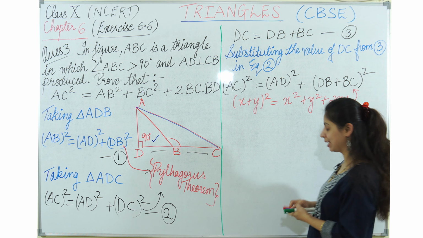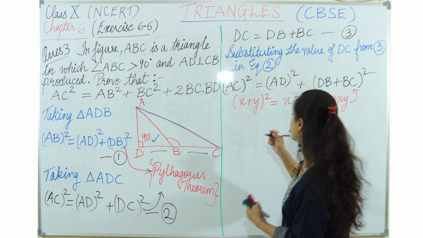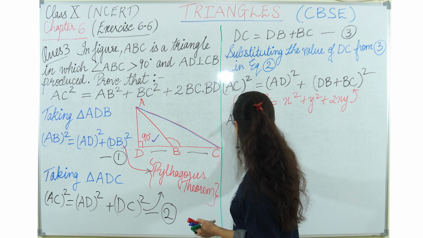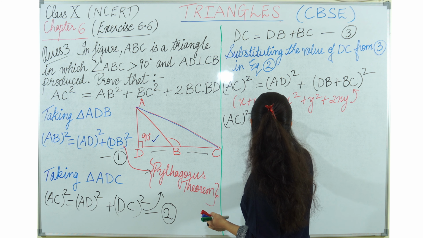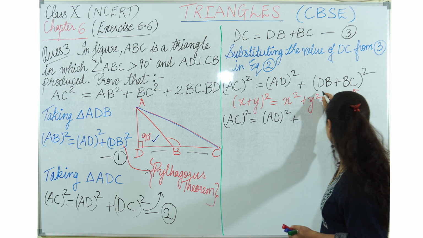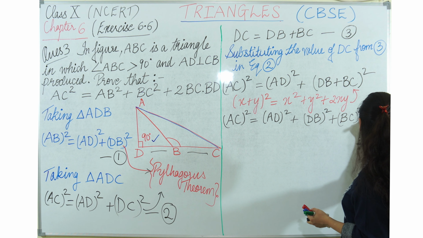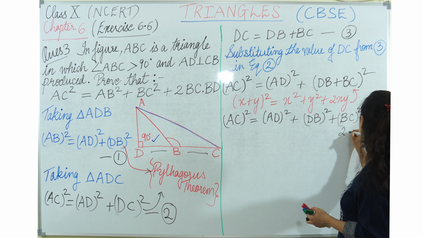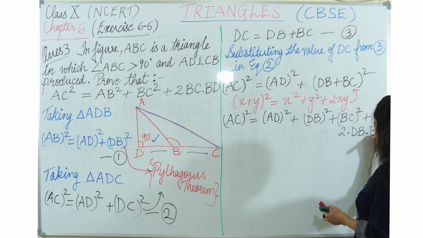So AC square will be equal to AD square plus DB square plus BC square plus 2 DB BC.